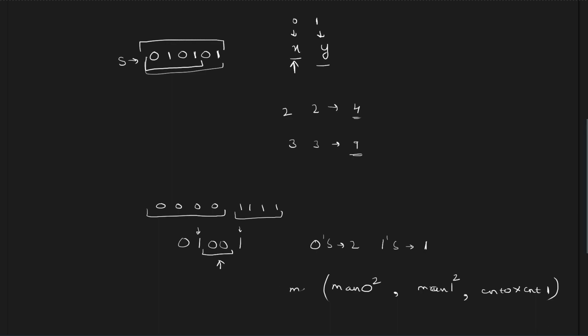So my final answer would be the maximum value from these three values. The maximum among these values would be my final answer, and I have considered all the cases when I am taking zeros and ones both. Otherwise, I am taking only ones or only zeros. There cannot be a case when I don't take any of them, because I have to choose a non-empty substring, right? So my final answer would be the maximum of these three values.